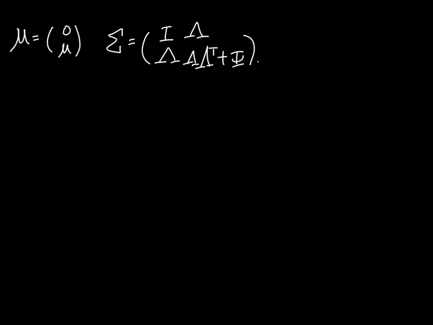So recall what we just talked about last time in expectation maximization. We talked about first finding the expected likelihood and then maximizing it. So what was the equation?